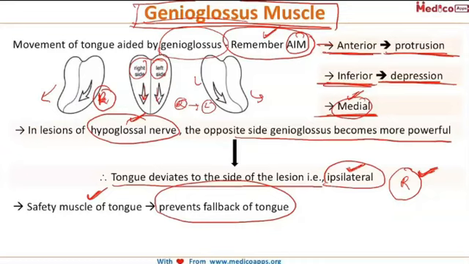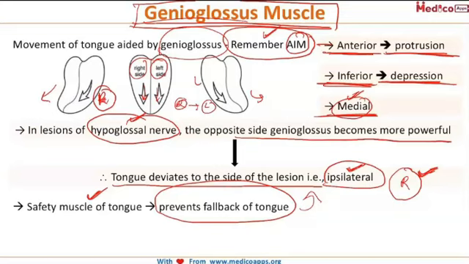Okay, although the genioglossus muscle is a skeletal muscle, it needs a drive from the midbrain to continue working. So when the drive to the genioglossus muscle is lost, that is, in case of deep unconsciousness such as an epileptic attack, this muscle will fall back into the respiratory tube and cause blockage of the airway.